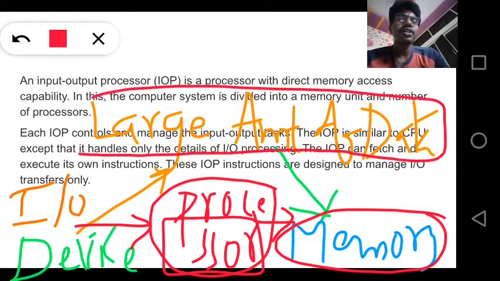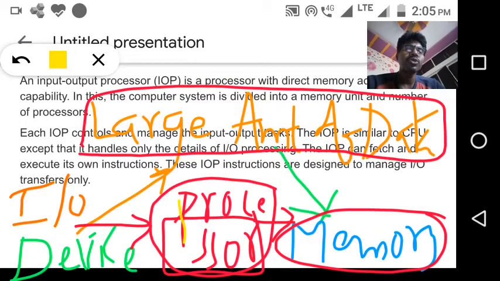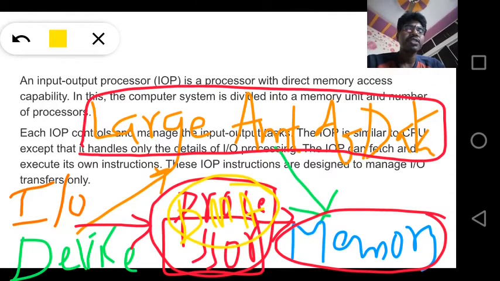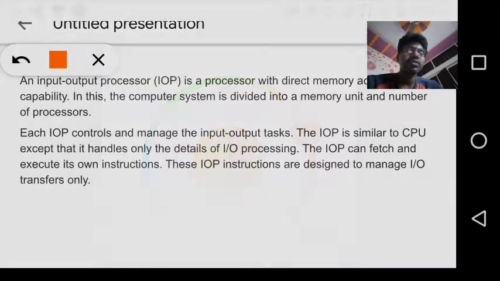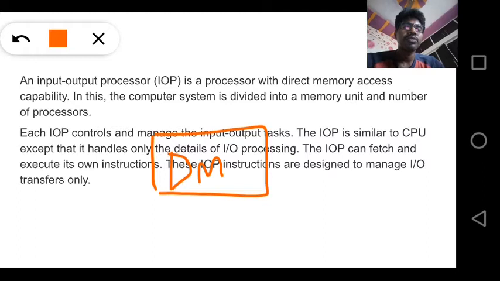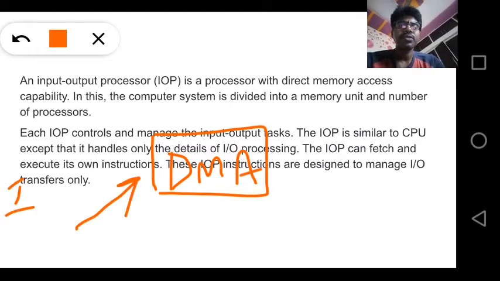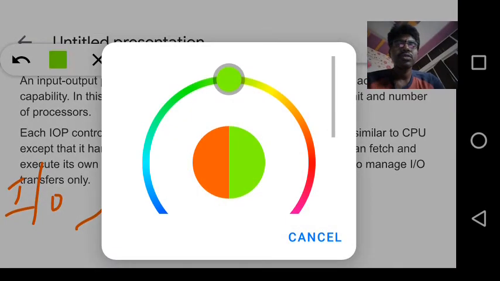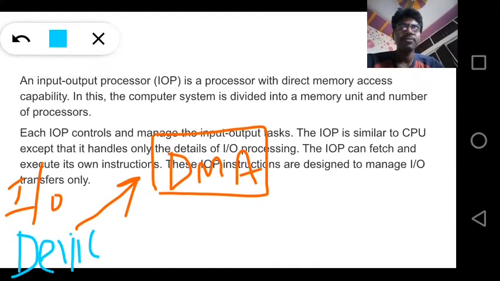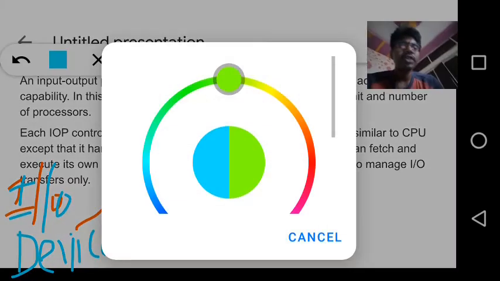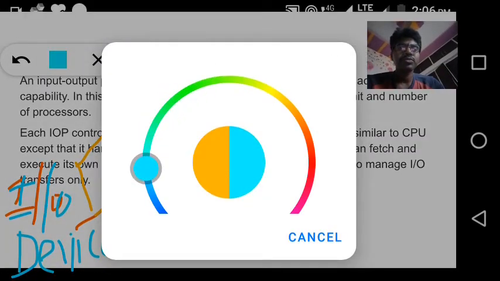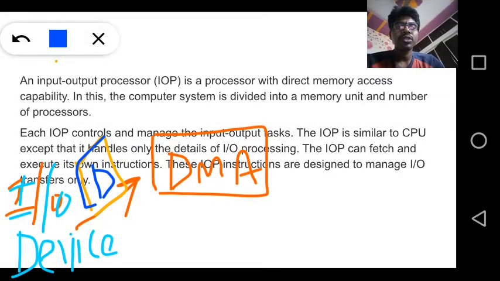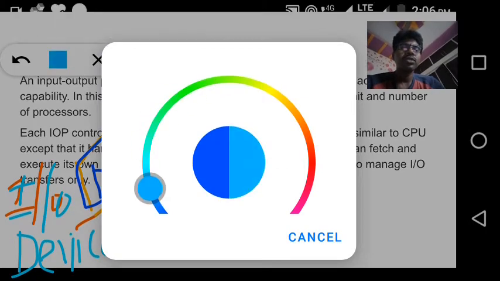So when I have a large amount of data, it is better that, in place of the processor, we assign this job to DMA. DMA stands for direct memory access. Here, this is my IO device, and it has a large amount of data to be transferred.